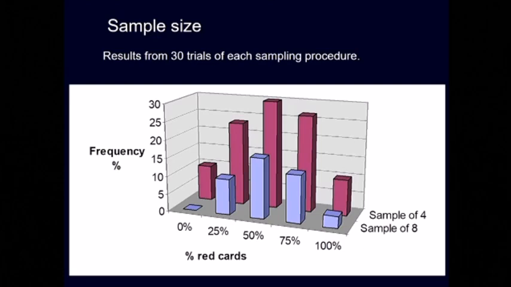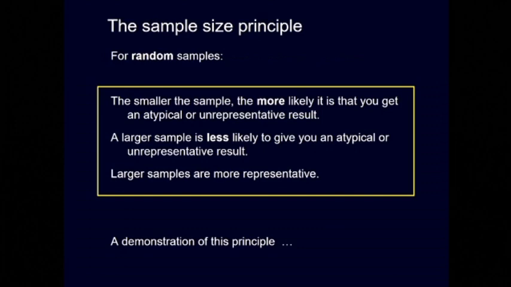The smaller the sample is, the more likely you are to get atypical results. By atypical I mean not representative of the proportion in the population. You're going to get those less often with the larger sample.